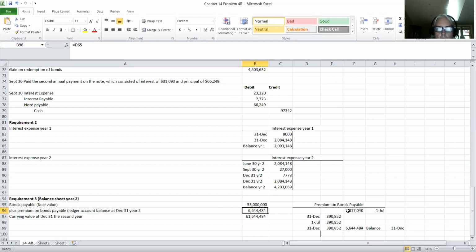We started out as a premium here, but you amortized it 3 different times to get a remaining balance of $6,644,484. The difference between these two is the carrying value, and that's what would go on the balance sheet at the end of year 2.